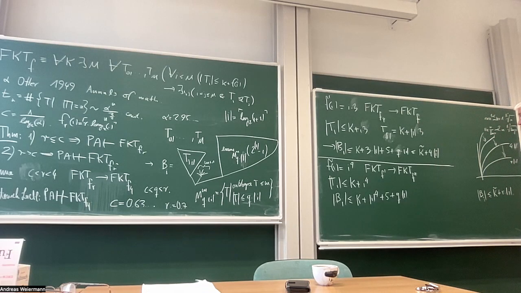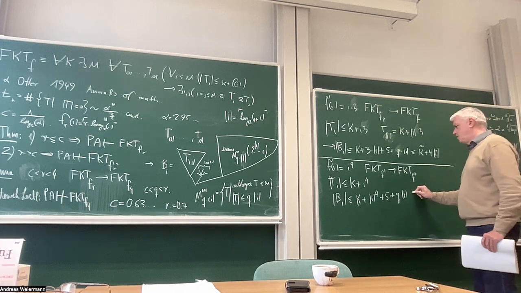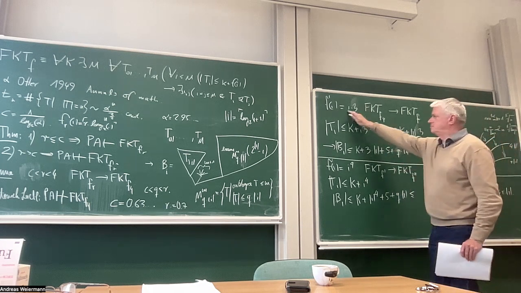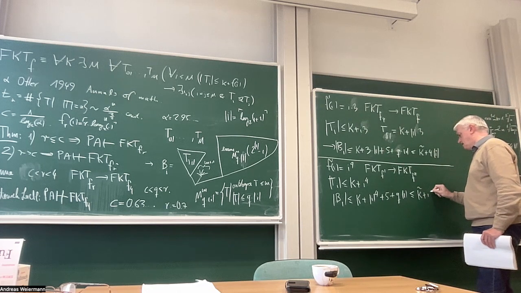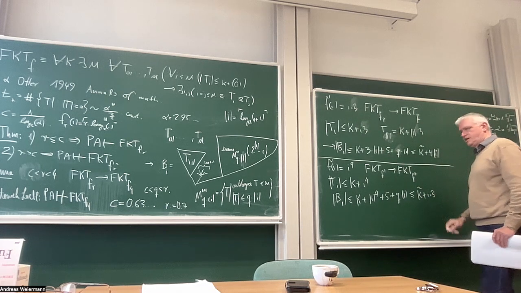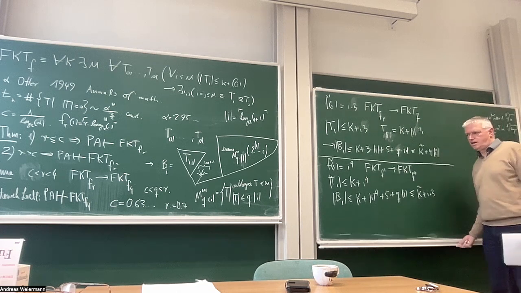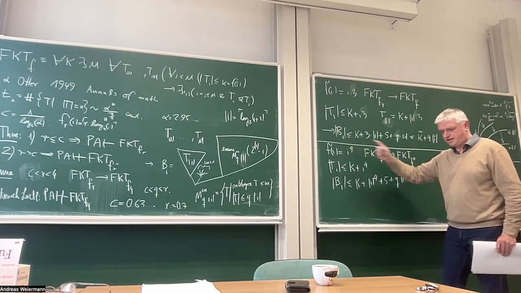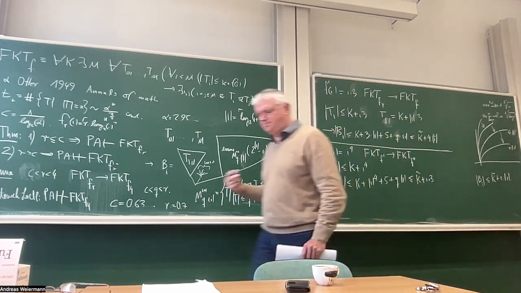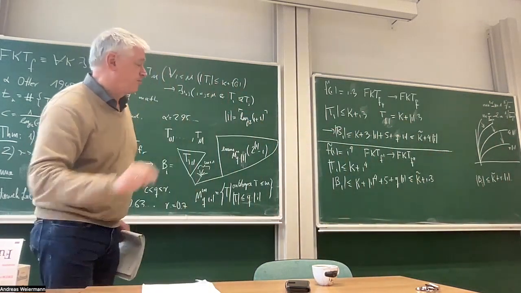And you see this is bounded by k tilde plus i times 3. Okay, now we have proved if f is polynomial, then we are done.